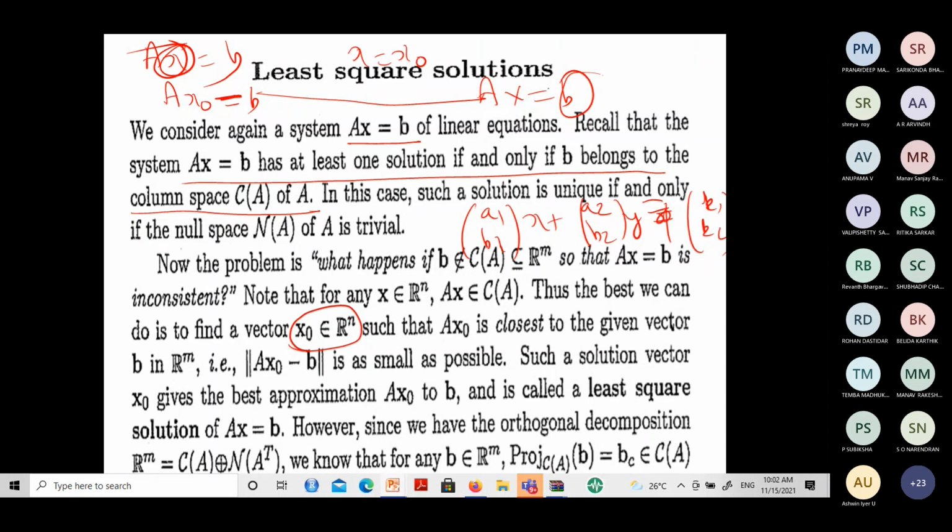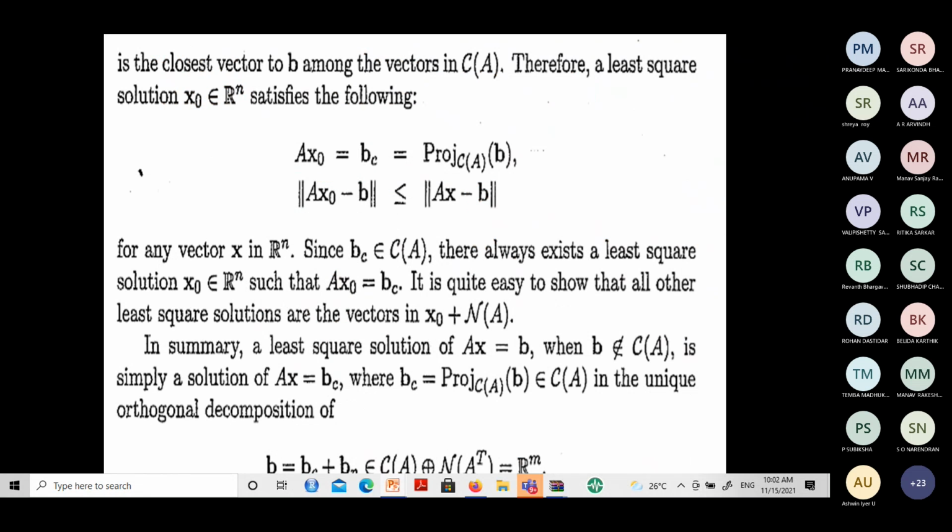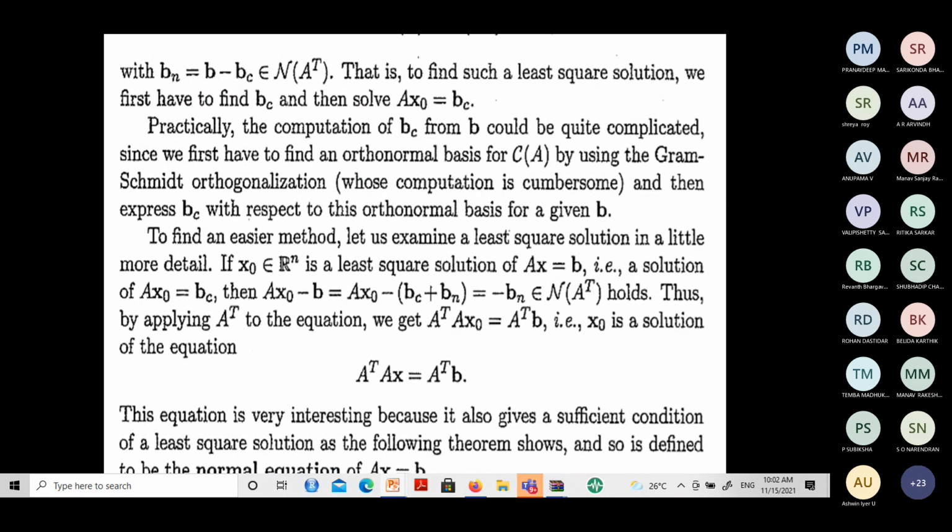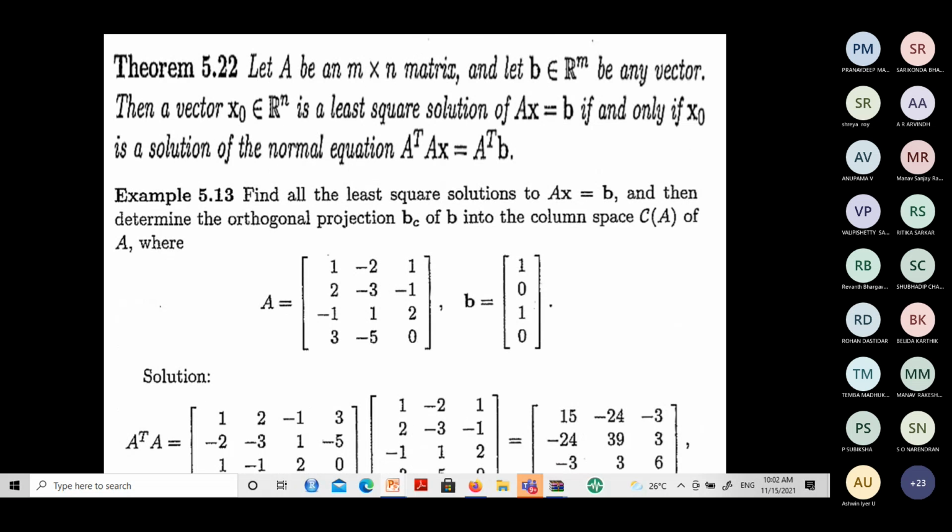At least some solution which is nearer to the actual solution. So I am in search of x naught in such a way that Ax equal to B will have at least an approximate solution. Okay. So I'm not going to tell all the procedure. Directly we'll go to the theorem. We are going to use the projection concept, but I'll go to the theorem. This theorem.